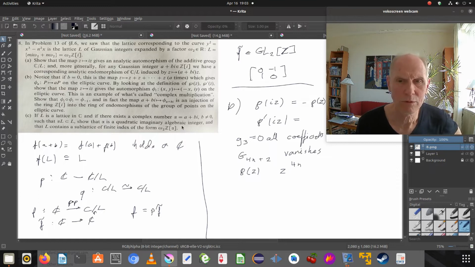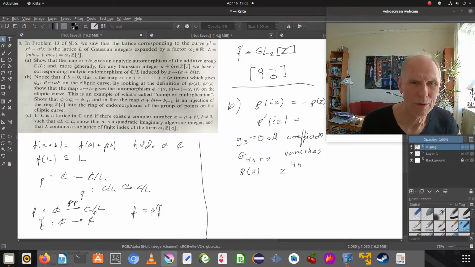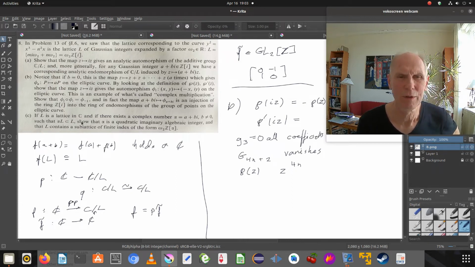So now what is this? That is any lattice and it's a non-real complex number. That's very strange.